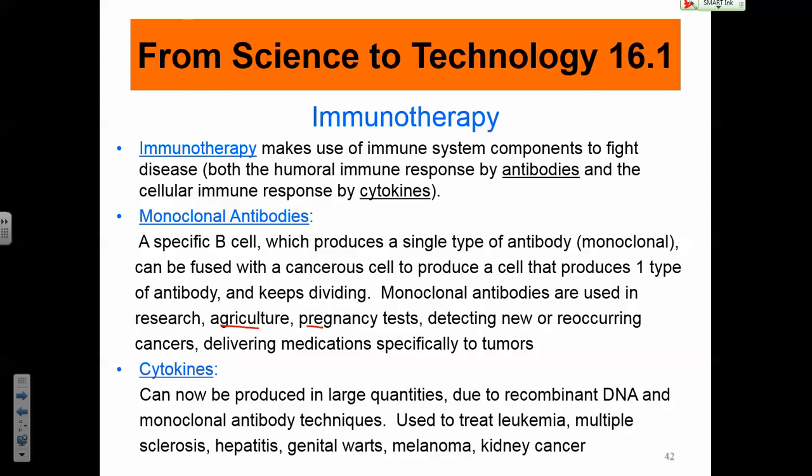They're drugs that are specific for immune system issues. They target immune responses. Anyway, I'm not going to test you on this immunotherapy. Do not worry about that for a test.